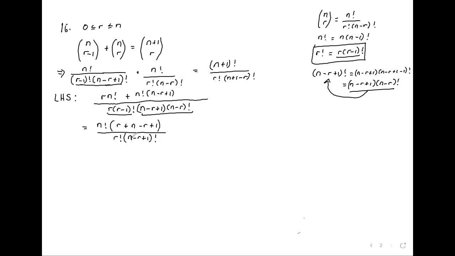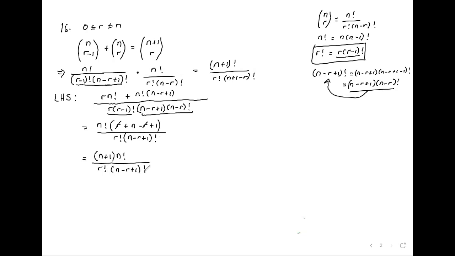Yes. Okay. Then on the numerator there, what we have is this r and this r will subtract. So we just remain with n plus 1 multiplied by n factorial over r factorial n minus r plus 1 factorial.